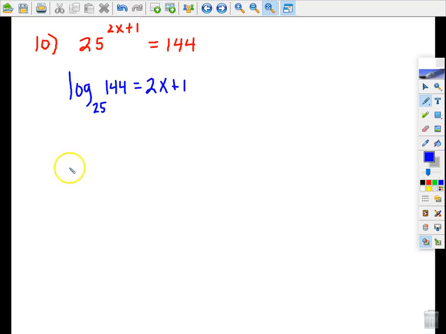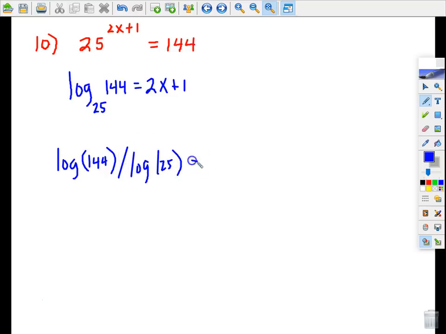Okay, now let's do our change of base formula again. So hit the log button, and on the top part of this fraction, you're going to put 144, close parentheses. Division, hit the divided by, and then hit the log button again, and this time you're going to put the number 25 in parentheses.